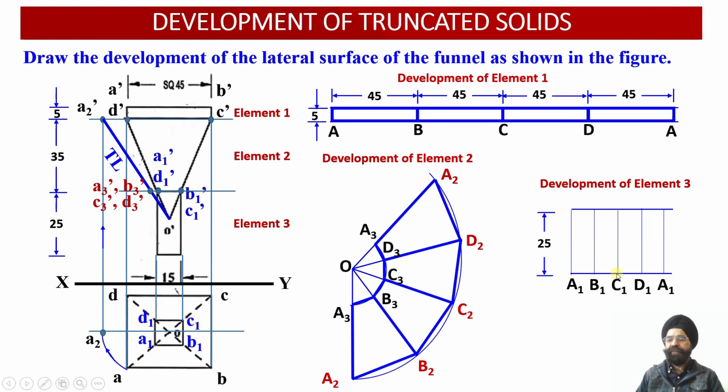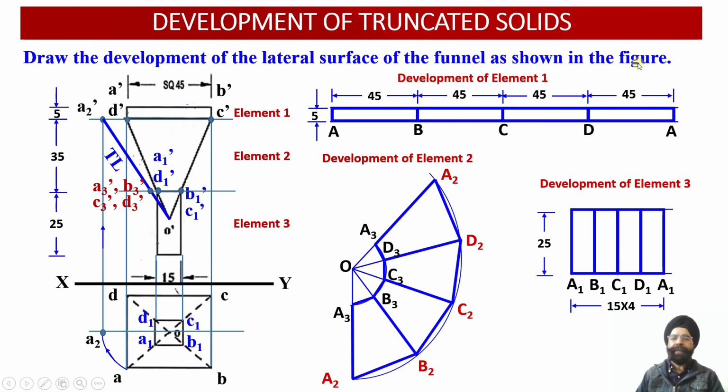The edge lengths B1 C1, C1 D1 and D1 A1 will all be equal to 15 millimeter over here. So this way now we have been able to obtain the development of the lateral surface of the square prism having edge of the base 15 millimeter and height of the square prism equal to 25 millimeter.